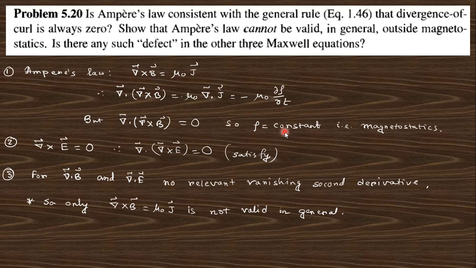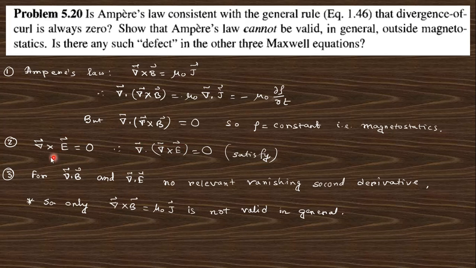When rho is not constant, it changes with time, and then this formula is not satisfied. So at that time Maxwell modified this equation, which is also known as the Maxwell equation. We will study that in that section.